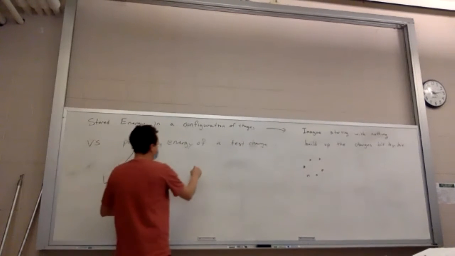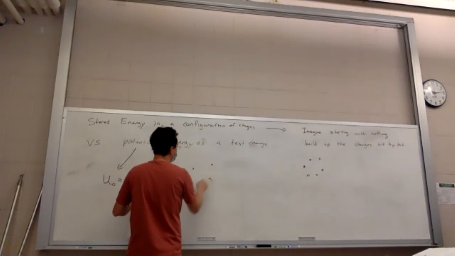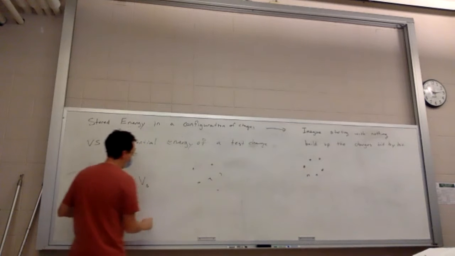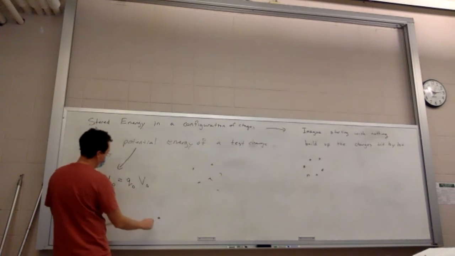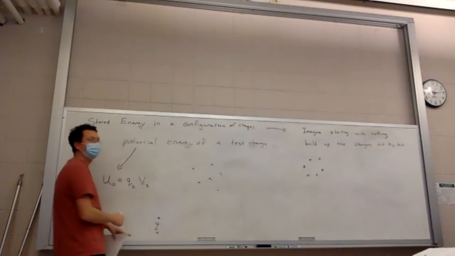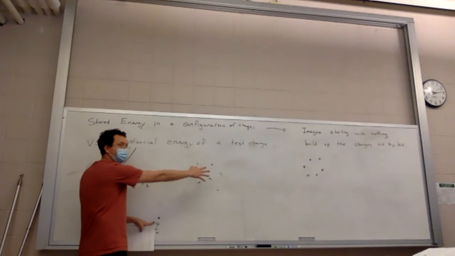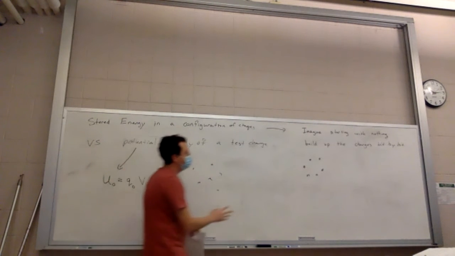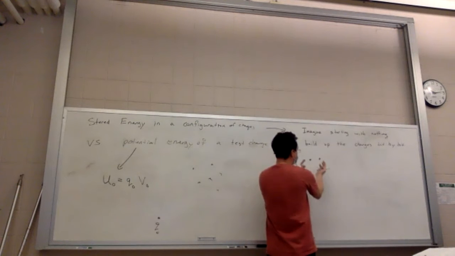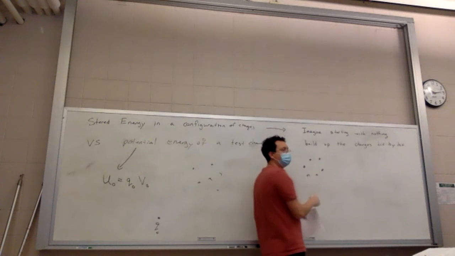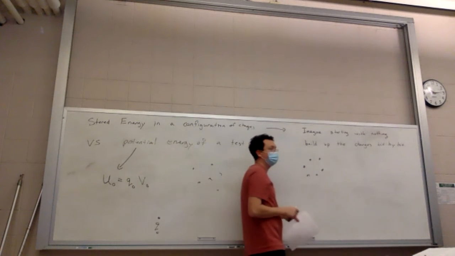This one is a case where I have charges, and this would just tell me to add in QO. This is like the energy that QO has relative to these. That's one kind of energy. This is the energy just of the object that's sitting right there as you build it up. This is a little different.